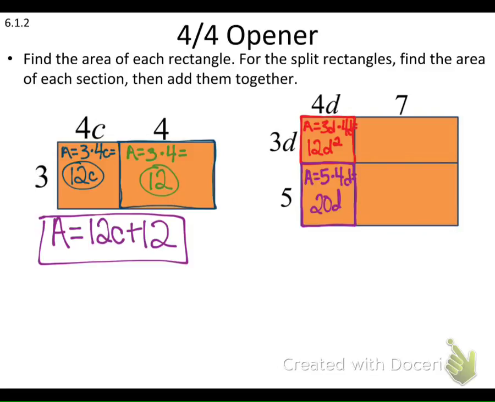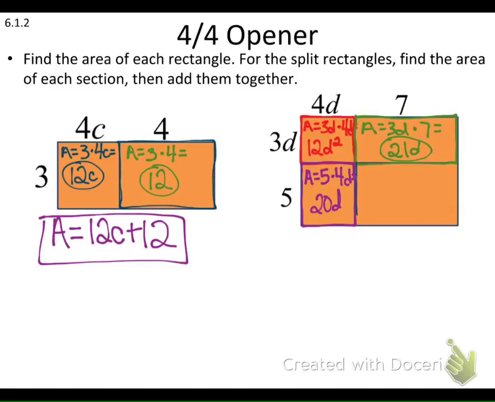All right, almost done with this one, you guys. This rectangle. What is my height, please? 3D. My width? 7 equals 21D. My area for this rectangle is 21D.